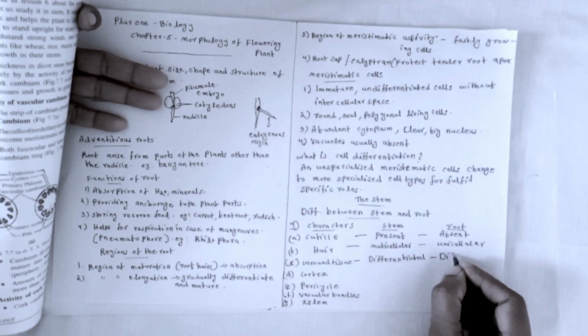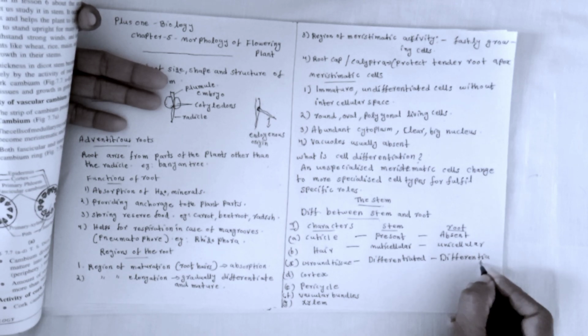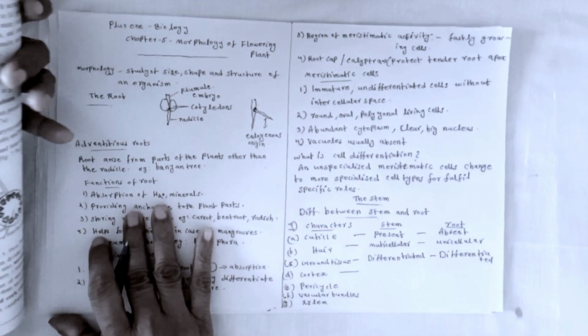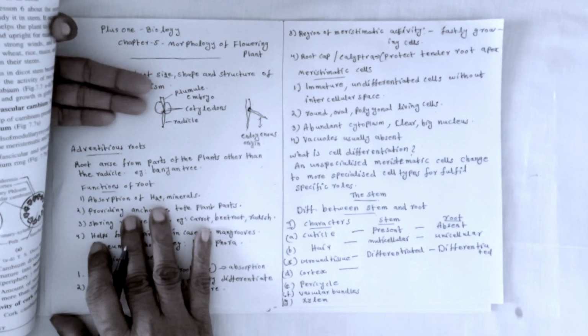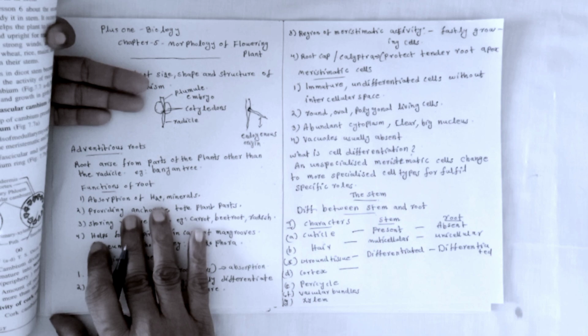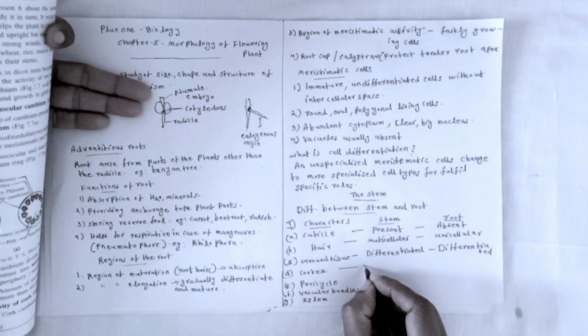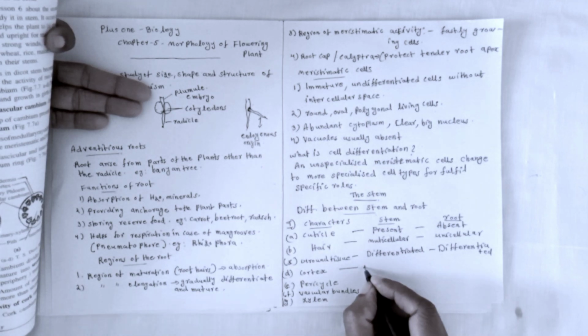Next, cortex: different types of tissues, that means many layered.